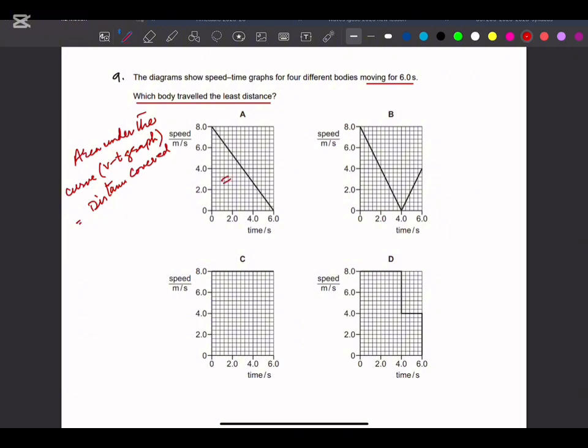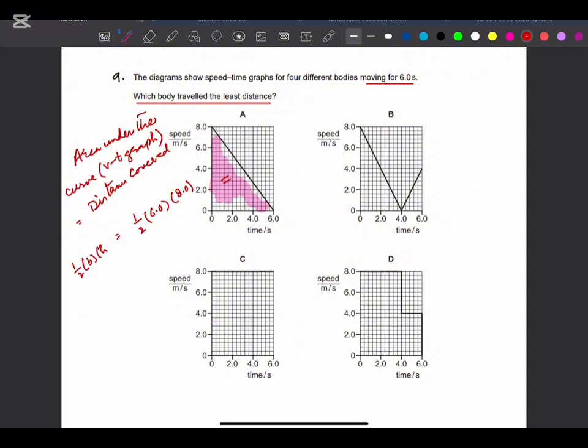In this case, the area under the curve is a triangle. So what will be the calculation? For this area, half into 6, that is time, into 8, that is speed. You know that the area of a triangle is given by half base into height.